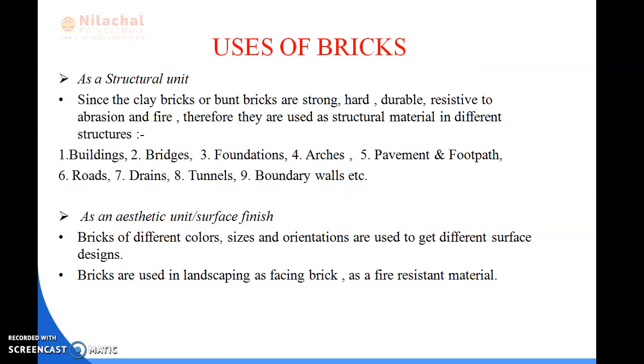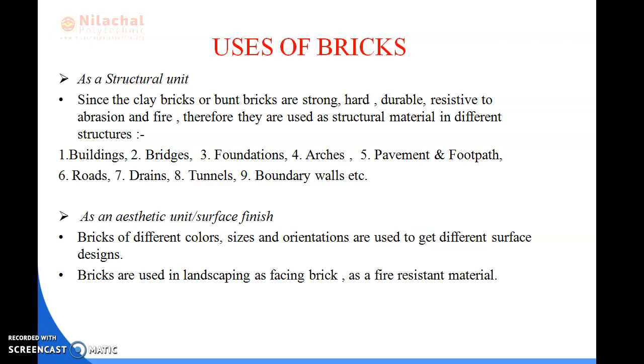Then we read about the uses of bricks. As we know, bricks are used as a structural unit. Clay bricks or burnt bricks are very strong, hard and durable, and last for many years.